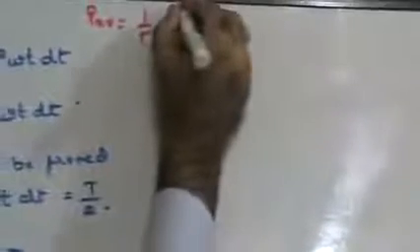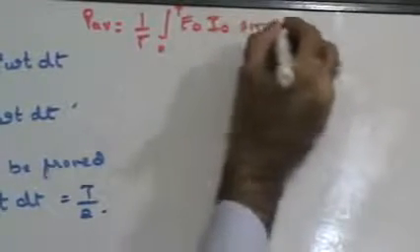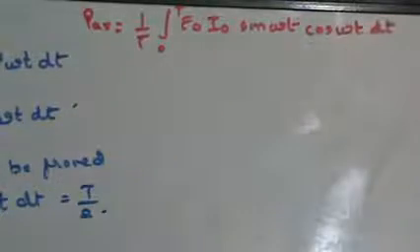Now P value can be substituted, so P average is 1 upon T integral of 0 to T E0 I0 sine omega t cos omega t dt, right?